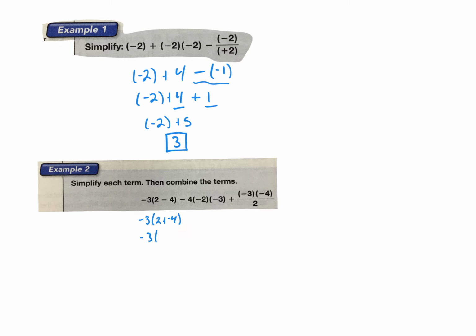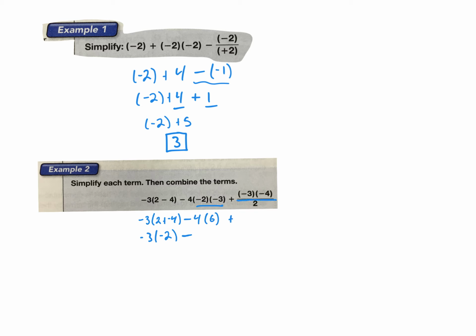It's going to be a negative 3 times negative 2. Then subtract. I'm going to multiply those two numbers together, so it's going to be 4 times 6, same sign, so they come out to be positive.